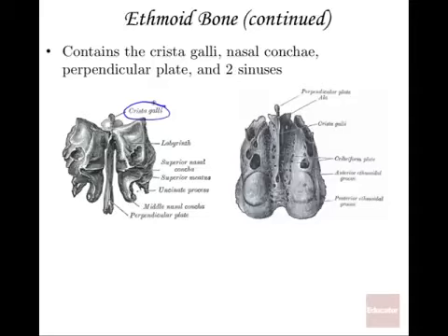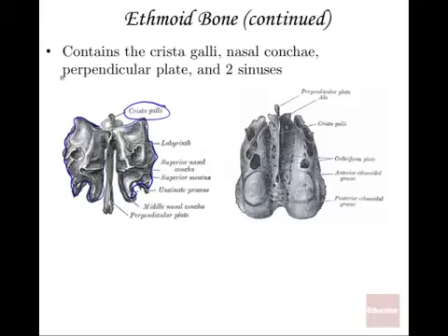The nasal conchae, these sections all in here are nasal conchae. Conch, like from Lord of the Flies, that particular spiral shell. Conchae, it's these caverns that are all twisting, making up those nasal cavity bones.